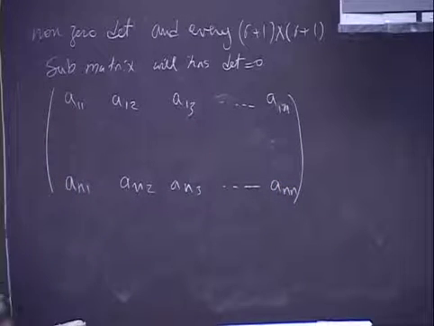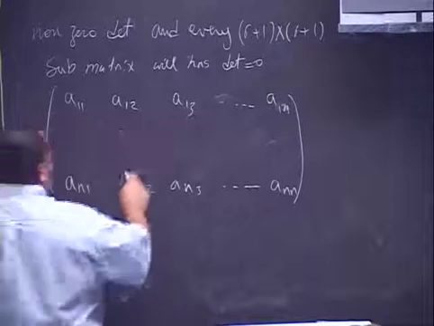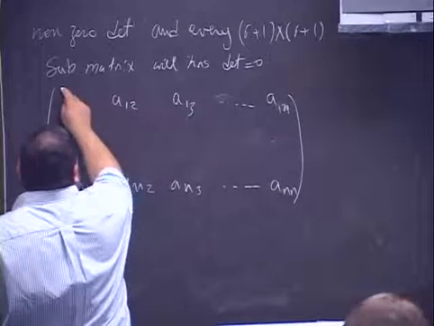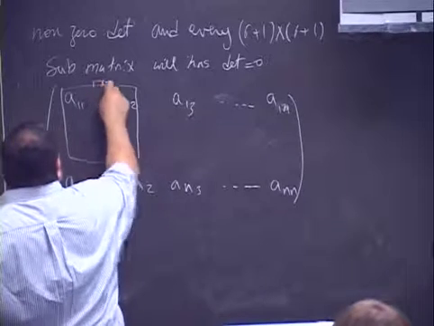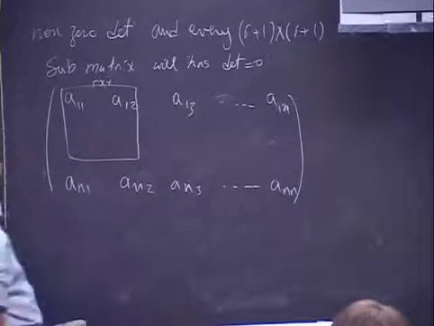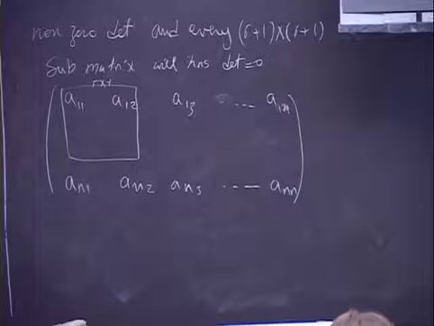If you can find in this square matrix any R by R submatrix, you take the determinant of this R by R, and you find that the determinant has a non-zero value, then this will be the rank of the matrix.